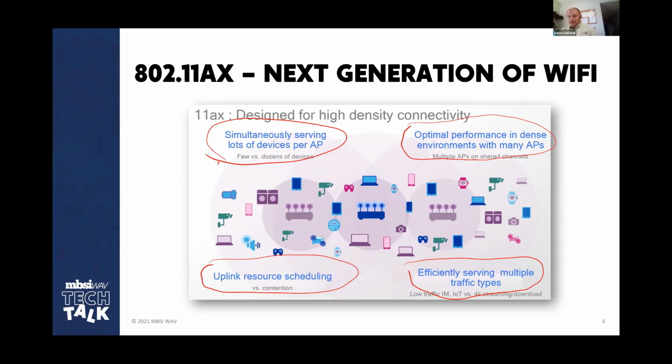So AX is designed to serve many more Wi-Fi clients per AP than before. We have mechanisms here, and we're going to talk about a few of them, that give us the ability to increase the density of clients connected to a particular AP. I had mentioned that even in residential markets today, we have many devices in our houses that are talking on our Wi-Fi that we never had before.